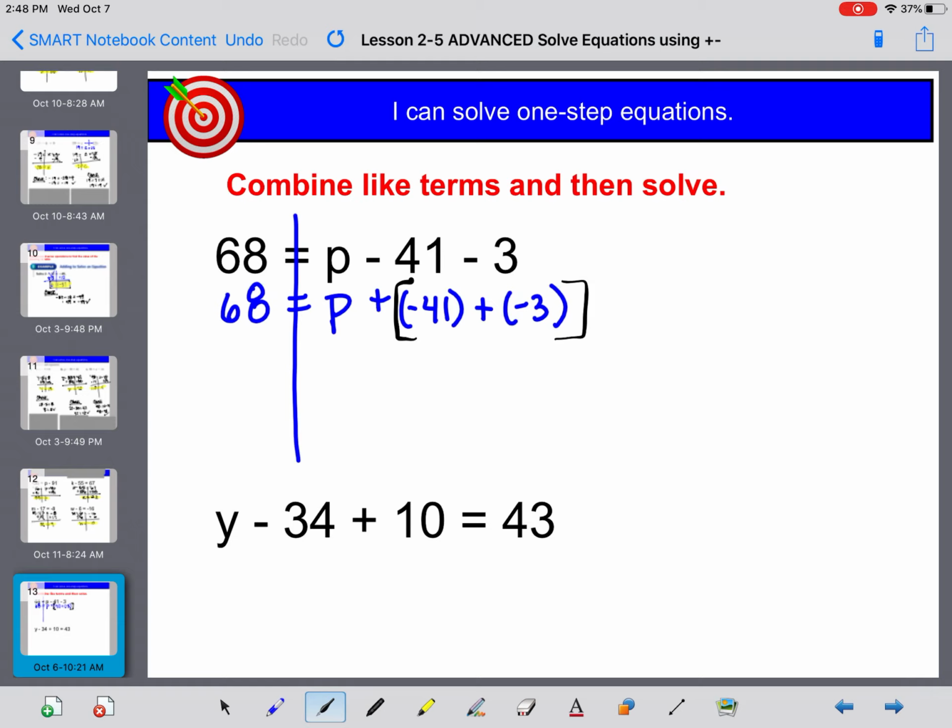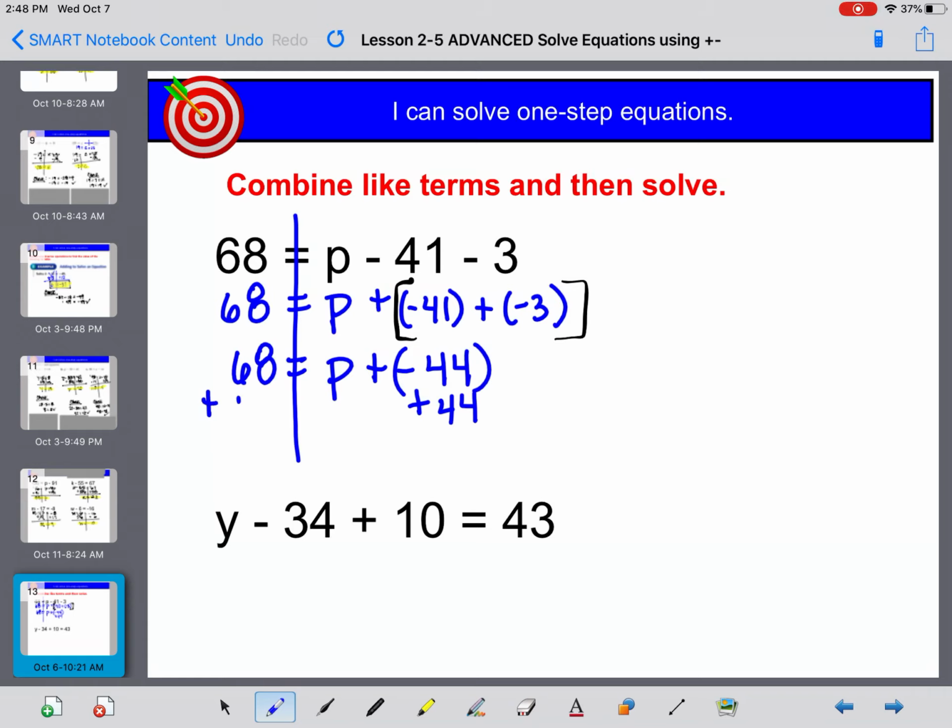I can see that I have 2 constants here that I should rename or combine. Now, you cannot combine the 68 with negative 41 and negative 3 because it's on the other side of the equal sign. So you can only simplify on each side of the equal sign, not across the equal sign. So leave this 68 alone, equals P, and then plus negative 44.